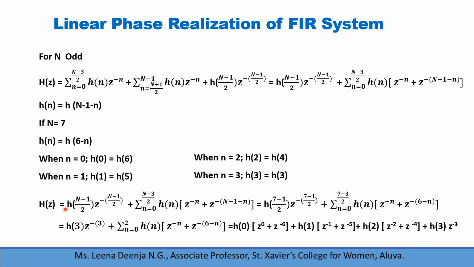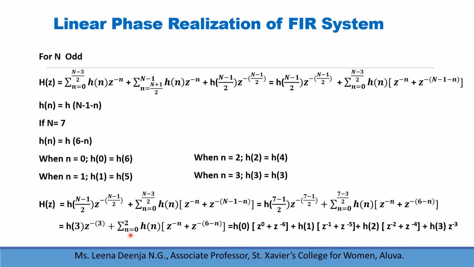So our H(z) for this case is h((N minus 1)/2) z raised to minus (N minus 1)/2 plus the sum from n equal to 0 to N/2 minus 3/2 of h(n) [z raised to minus n plus z raised to minus (N minus 1 minus n)], equal to h((7 minus 1)/2), that is h(3) z raised to minus 3, plus the sum from n equal to 0 to 4/2, that is 2, of h(n) [z raised to minus n plus z raised to minus (6 minus n)].